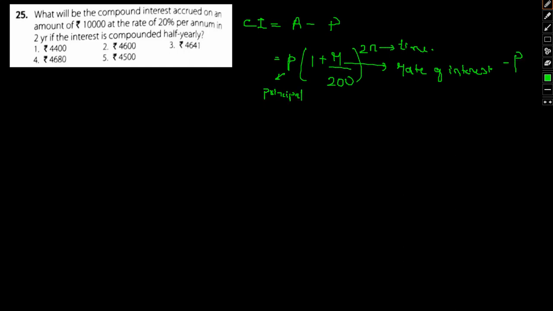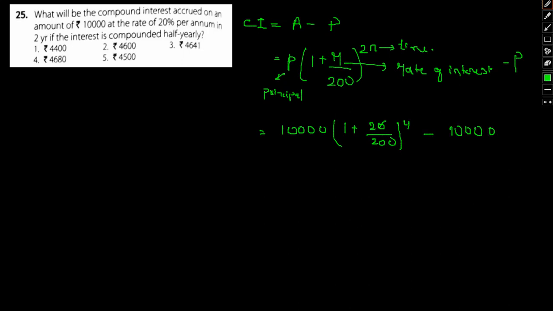Okay, this entire thing minus the principal. So the principal here is given as 10,000, into (1 plus 20 by 200) to the power 2n. It's 2 years, so it will be 4, minus 10,000.